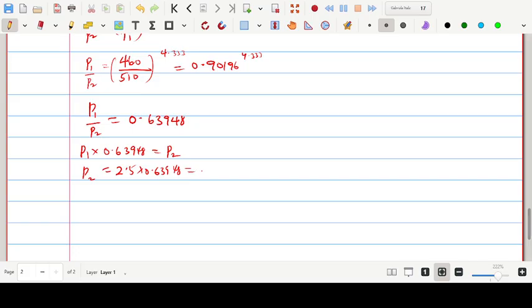Finally, you are going to have 1.599 bar, which can be approximated to 1.6 bar as the outlet pressure. And that was the first question we had to find.